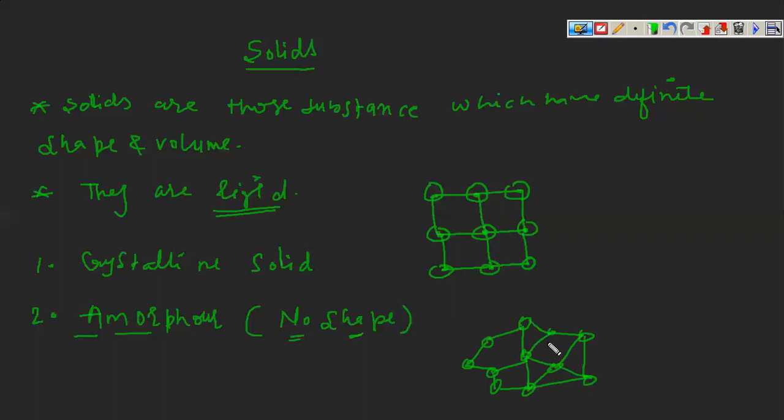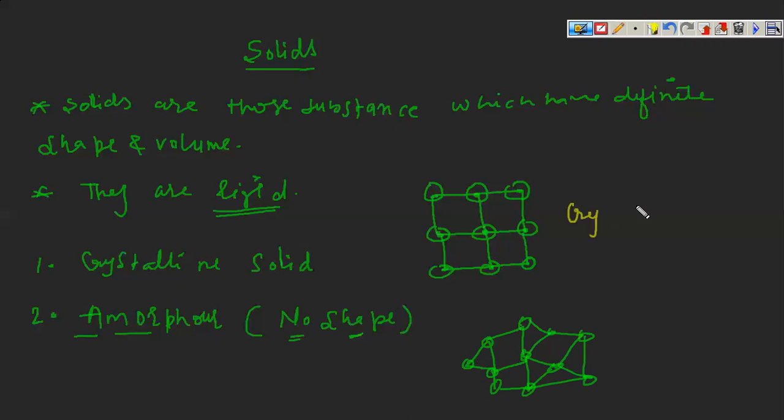Okay, so what you are finding, there is what? Triangle, there is a square, there is a triangle, again there is, as means the pattern is not fixed here. Okay, so this is, you can say, amorphous, and you can say this is a crystalline.